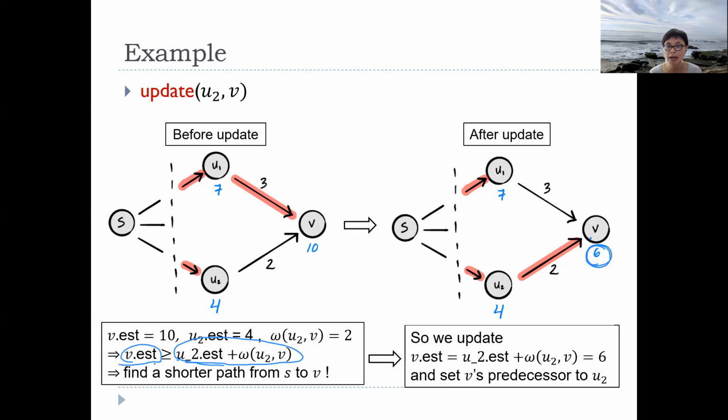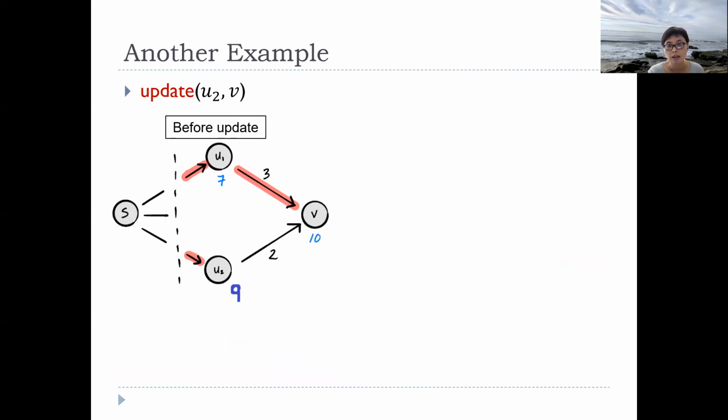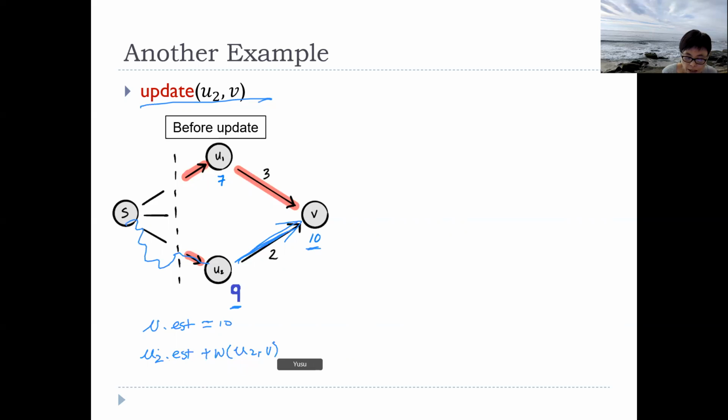That's all. Now suppose that this is a configuration where, before the update, I change the number here. If this is what we have, then suppose we perform the update operation on the same edge, U2V. Now we notice that V dot estimate is 10, but the new blue path we found is U2 dot estimate plus the weight of U2V, which is 9 plus 2, which is 11.